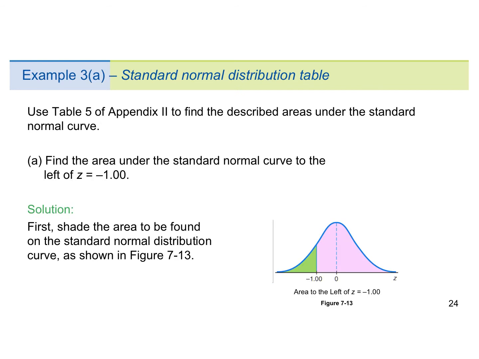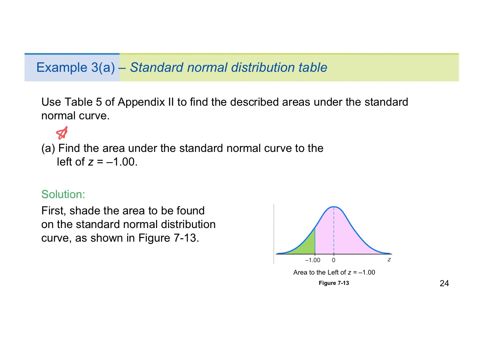So we kind of look at this example. Find the area under the standard normal curve to the left of a z-score that is negative 1.00. And you'll see that all z-scores go to 2 decimal places. So according to what I showed you, you know that this is the mean, so negative 1 appears right here.